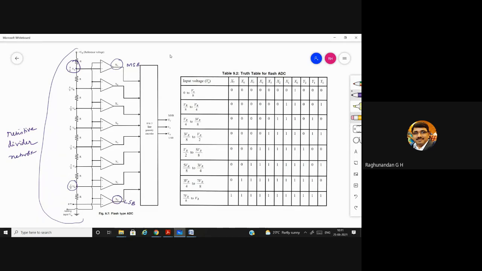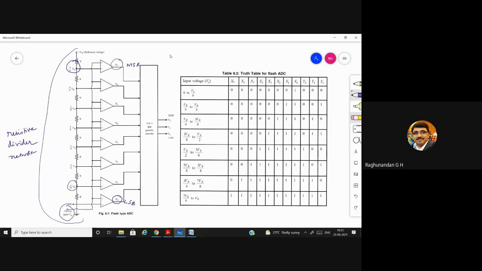Here this is the ground terminal, and you can see that we are giving the input voltage to all of them. A common input voltage is given to all the terminals, and it has to compare the given input signal with the voltage which it has across the node.